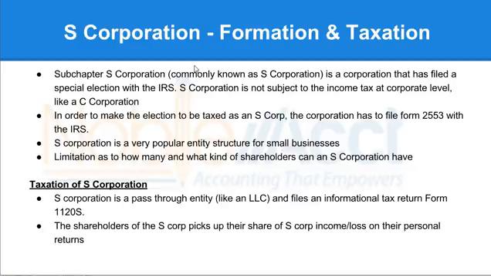Now let's take a look at the taxation of an S corporation. An S corporation, just like an LLC, is a pass-through entity, and it files an informational tax return with the IRS on Form 1120-S. The corporation itself will not be taxed, and all the income or loss is passed through to the owners of the corporation, and then owners report the income or loss from the business on their personal tax return.